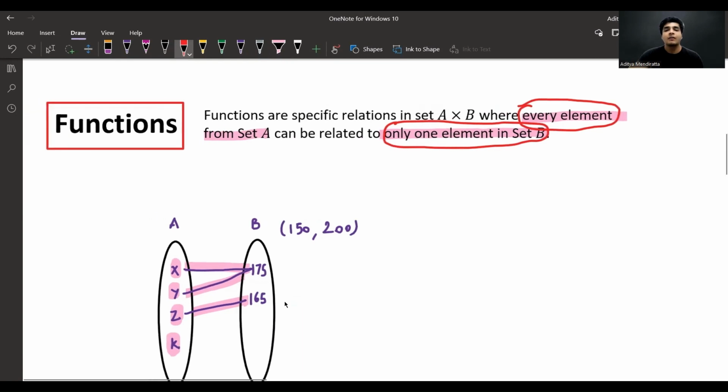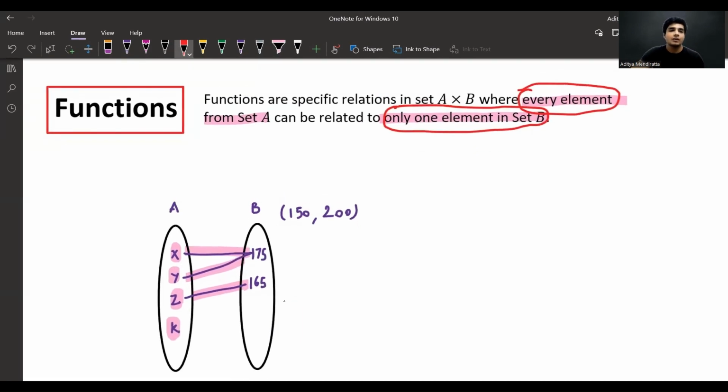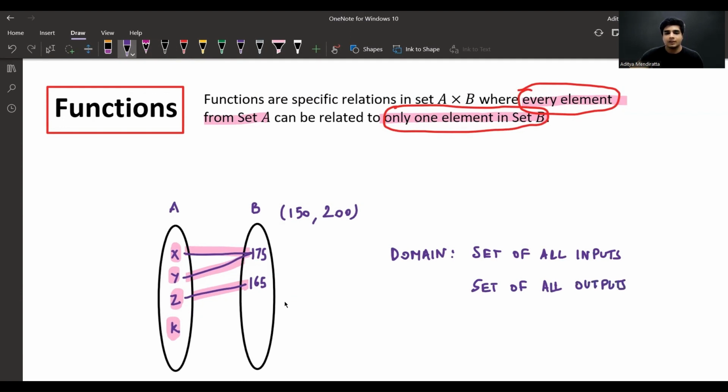Now, before we move forward, we should remember some key terms about a function. There is a set of all inputs that is known as domain. Then the set of all outputs is known as the range of that function.